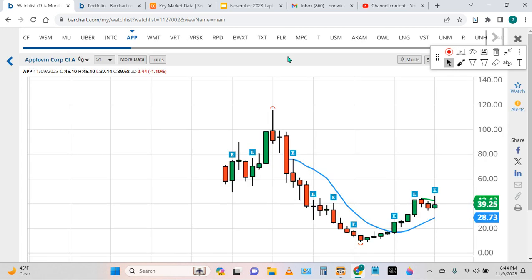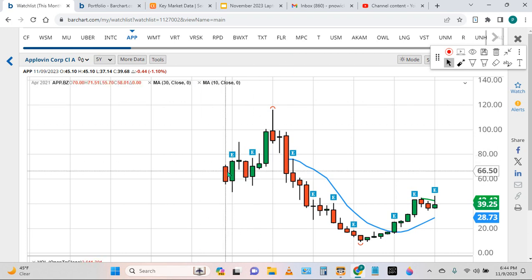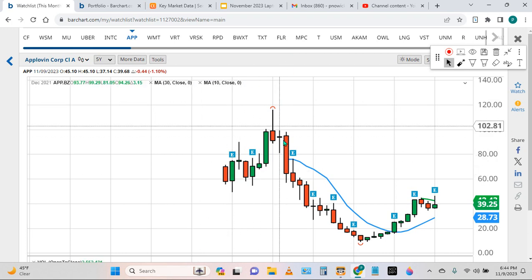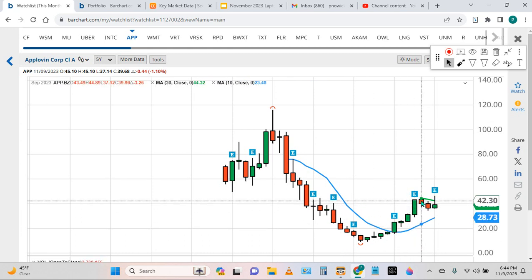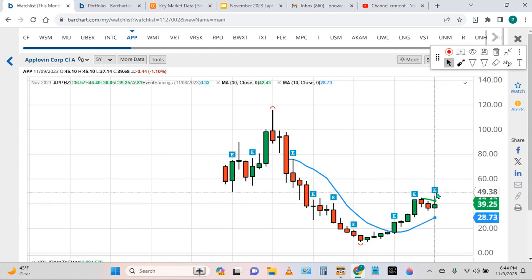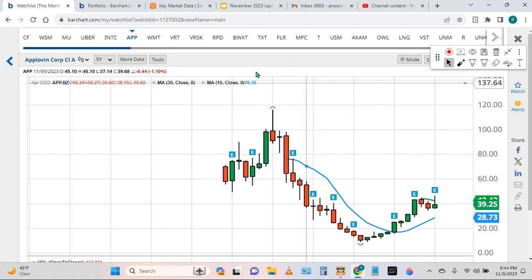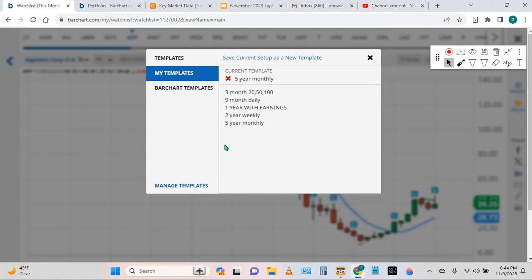AppLovin Corp, symbol APP. Again, you can see the trend on this one pretty clearly, right? IPO at 70 bucks, went up, sold off, and now it's kind of come back into this rounded uptrend. Gives us maybe a little bit of a buy opportunity right here in APP on a monthly basis. So when we see something like that, we can again go down to a lower time frame.